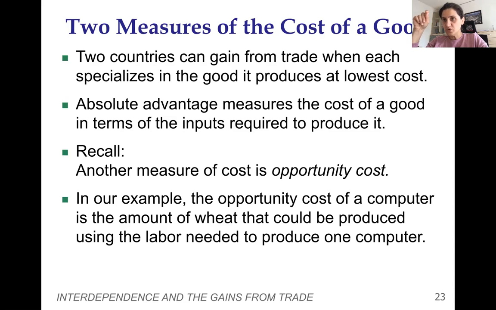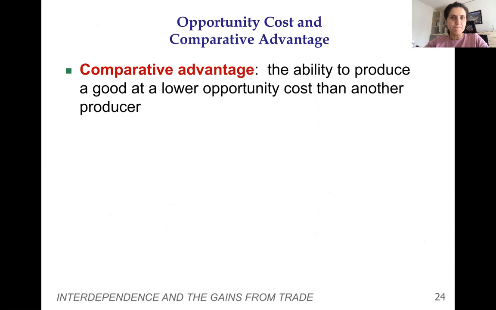In order to produce 1 unit of computer, how many tons of wheat should a country leave? So opportunity cost is the slope. Comparative advantage is the ability to produce a good at a lower opportunity cost than another producer.